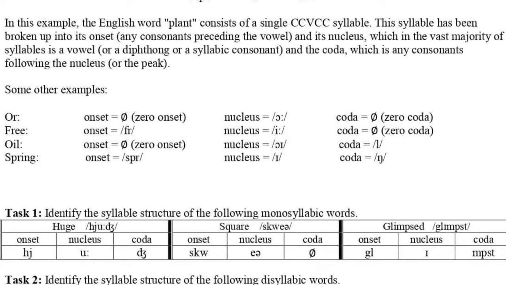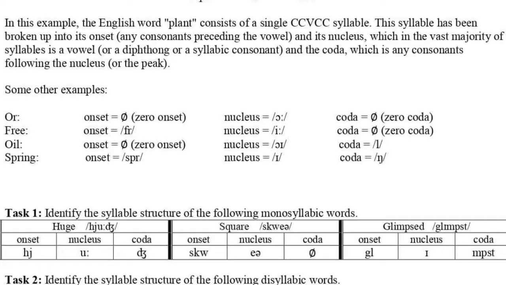In this word, we have an onset composed of the 2 consonants h and y, because we say huge. The nucleus is the long vowel oo, and the coda is the consonant j. So we have huge.